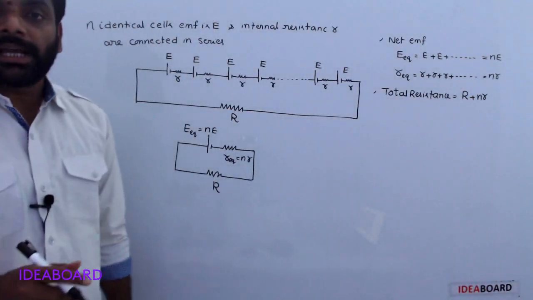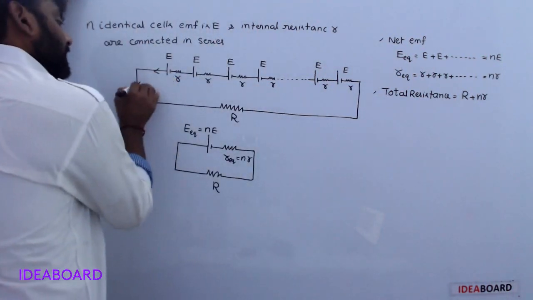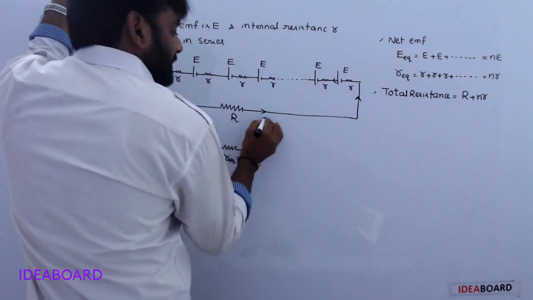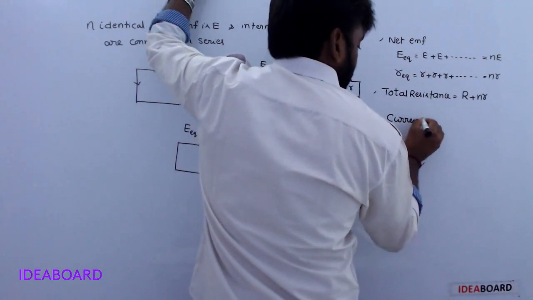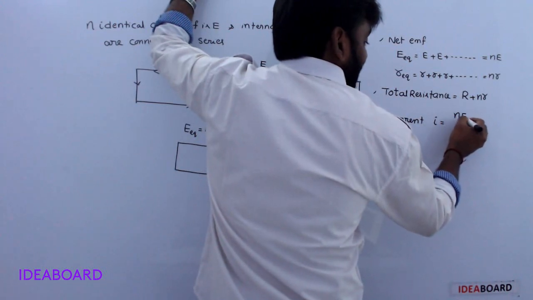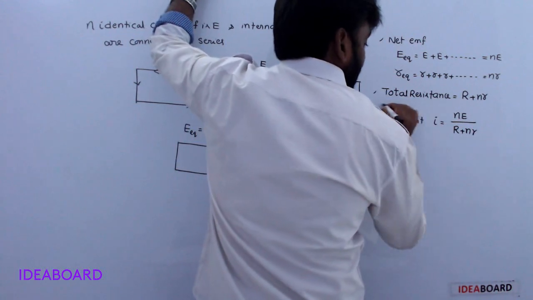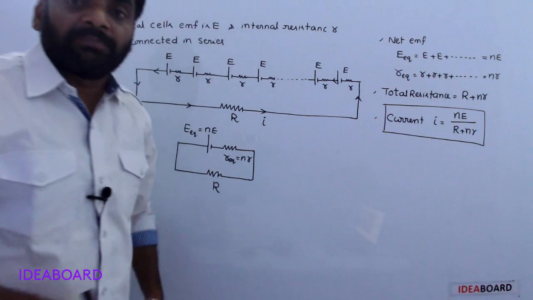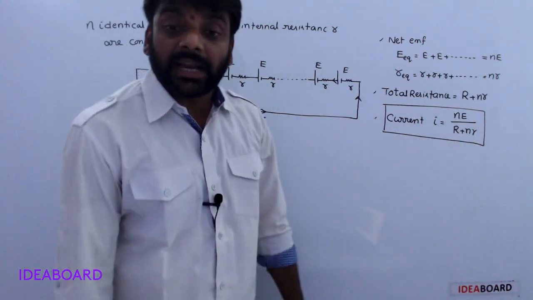Now passing current through this one is I. Here current I is equal to net EMF NE by net resistance R plus NR. Understood? Current, in this case, net EMF is NE, and total resistance is R plus NR.